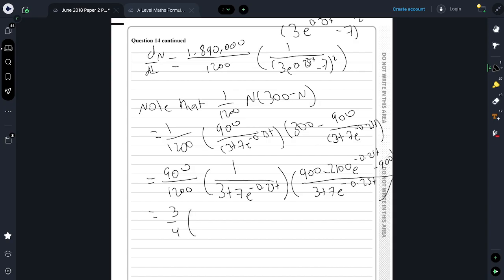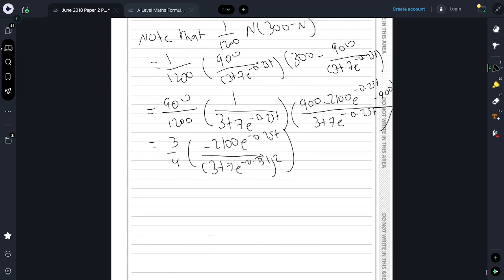Okay, to simplify that, 3 over 4 of... well, 1 over this, well, this is the same, right? So we could say, and that's great actually, because we recognise that, that'd be over that squared. 900 minus 900 is 0. And then you're left with minus 100 e to the minus 0.25t. And then we could bring that constant out.